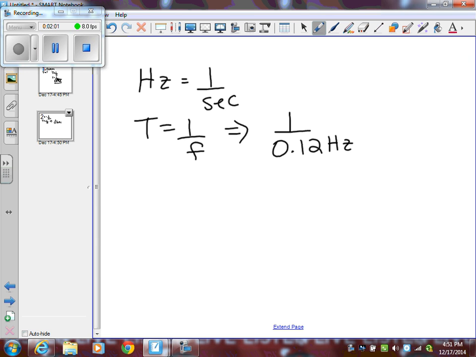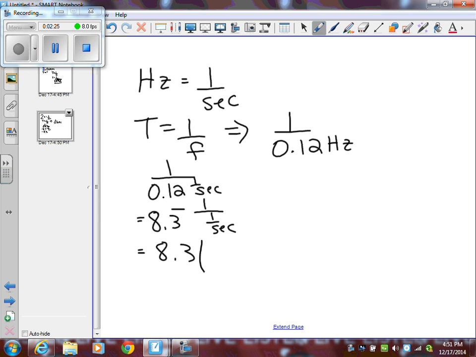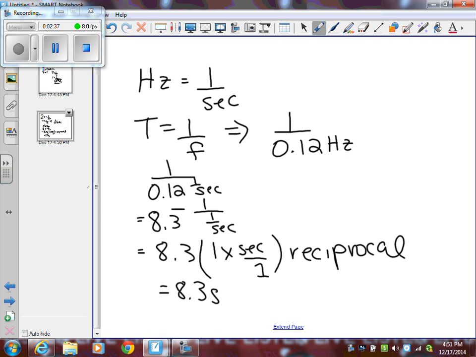This really means that we have 1 over 0.12, 1 over a second. Okay? This means that when we calculate this out, we would get 8.3 repeating, and that's really 1 over 1 over second. So we get 8.3, which is 1 times second over 1. This idea here is the reciprocal. And in the end, we find out that it's 8.3 seconds.